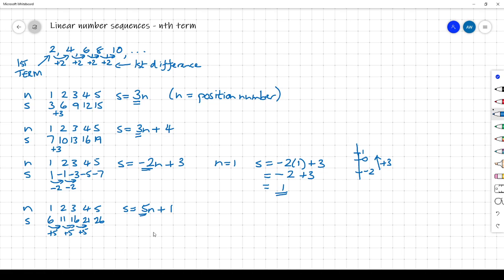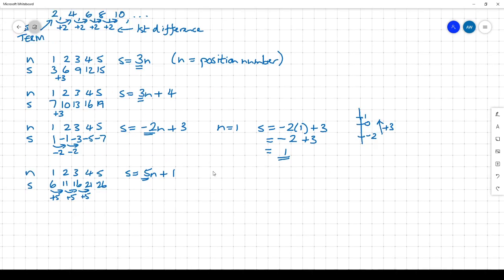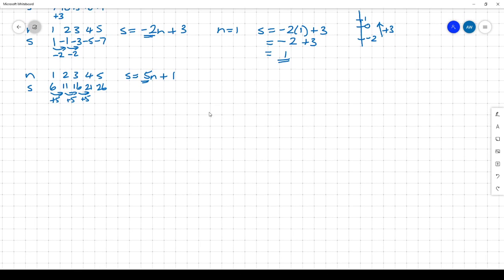Okay, so perhaps what you could do now, if I give you this sequence, you could tell me the first part of the formula. Okay, let's have a look. I'm going to give you the sequence this time for each of the first 5 terms.